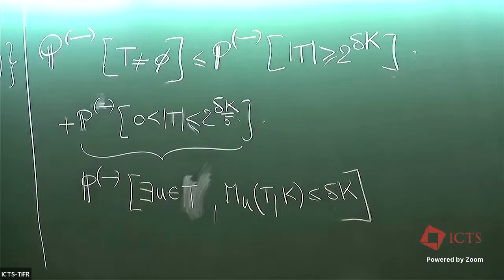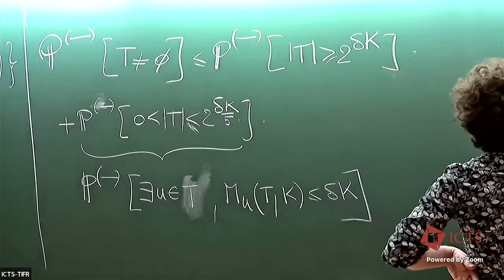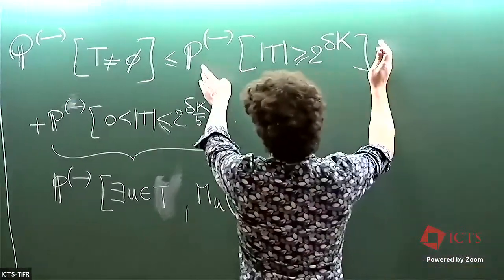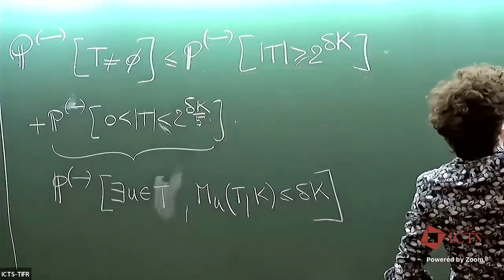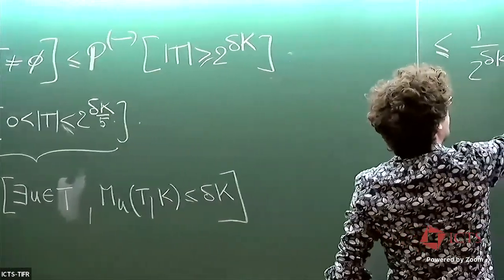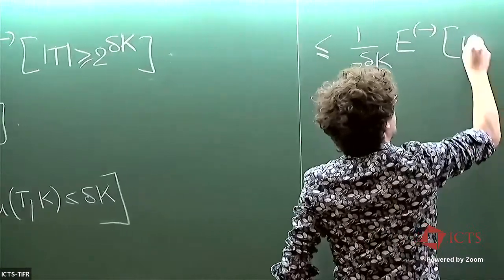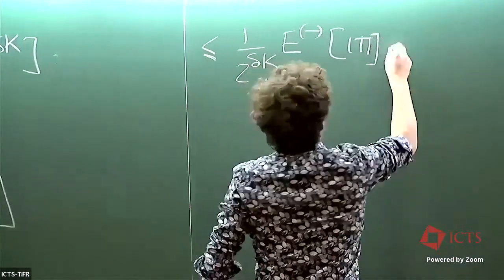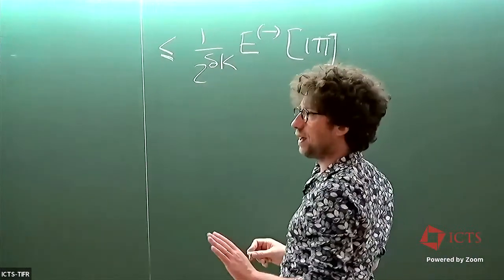very good. So when we are here, what do we see? For this, we use Markov. And because this is order 1, it's going to be very small.